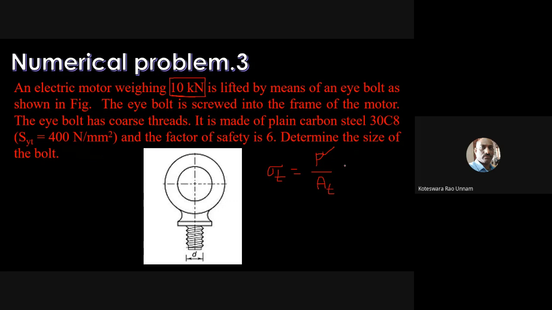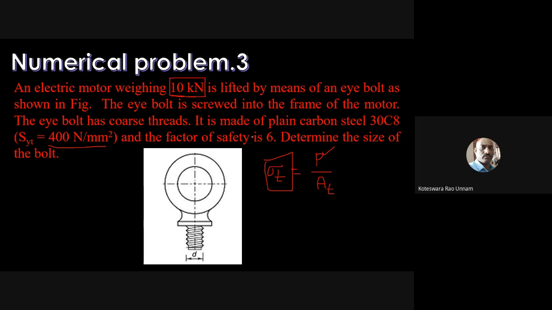In this, P is given to you, and sigma T is also given to you. So what is sigma T? Sigma T here is the allowable tensile stress. He has given in the problem statement that this bolt is made of 30C8 plain carbon steel, which has a yield strength of 400 Newton per mm square.